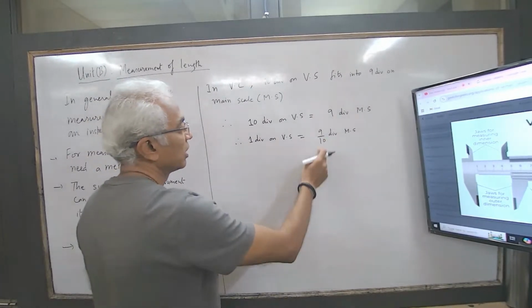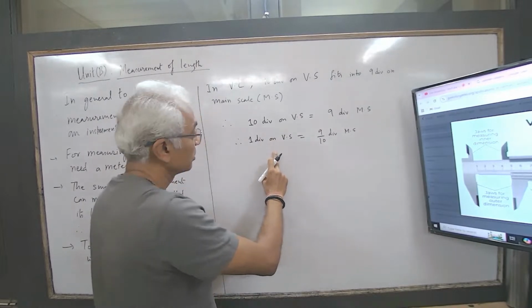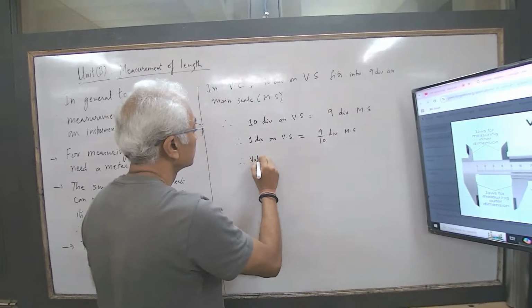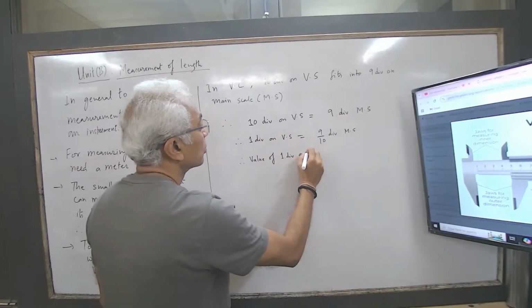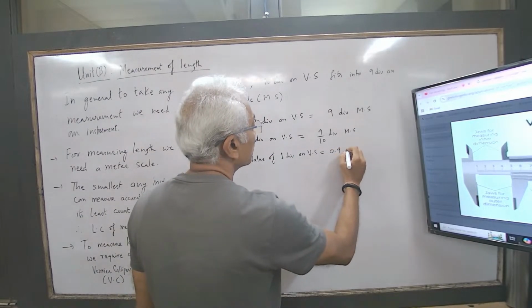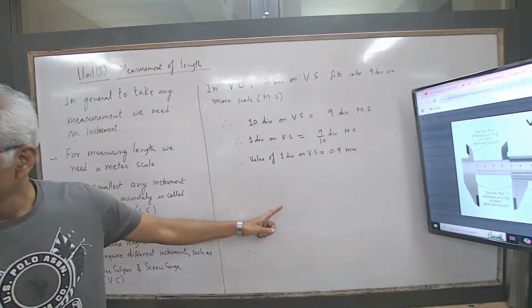Therefore 9 by 10 millimeter, one division on vernier scale is 9 by 10 millimeter. Therefore the value of one division on vernier scale is equal to 0.9 millimeter. Is that clear? Yes, sir.